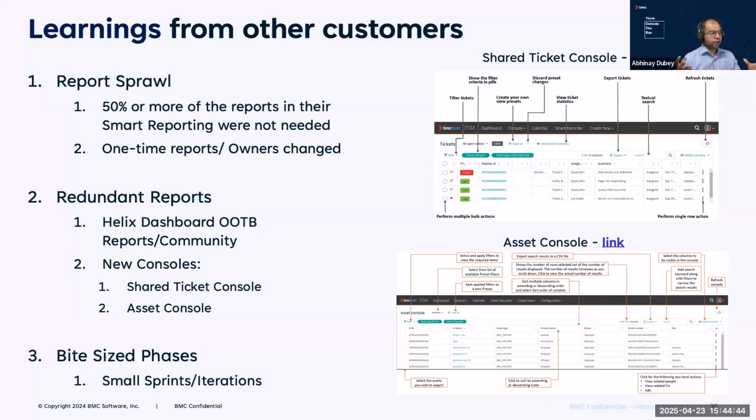Another important factor is that by doing a big bang approach, you are missing out on the analysis. You won't be able to look at the reports and see if many of them can be done in a different way, Helix dashboard performance can be optimized, new features can be leveraged, and so on. So bite-sized phases is what I'd recommend.